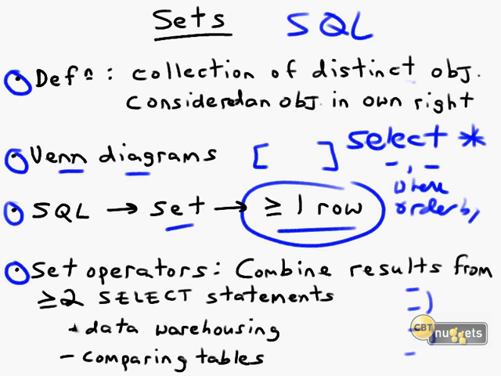2 main reasons are 1, data warehousing, and 2, comparing tables. A data warehouse, defined by Wikipedia, is a database used for reporting. So the idea with a data warehouse is that it's not necessarily an online transaction processing database that you'd use in production that's experiencing frequent writes, deletes, updates, and other changes, but the data warehouse tends to be used for analysis purposes, what's called OLAP, online analytical processing.